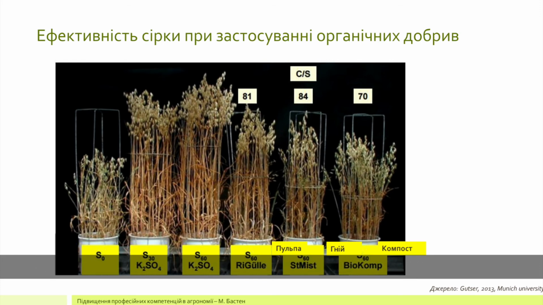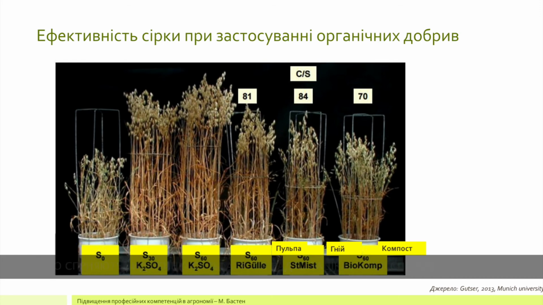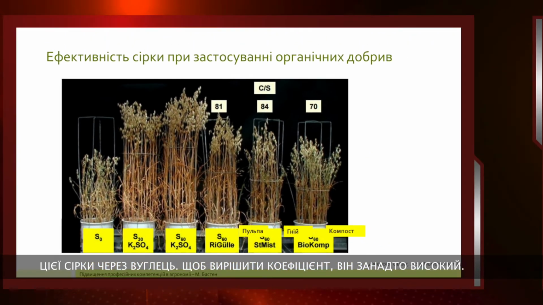And the most important reason is that in these kinds of organic fertilizers, the ratio between carbon and sulfur is very high. That means the microbes which facilitate the release of sulfate are not too interested in assessing this sulfur, because the carbon to sulfur ratio is too high.